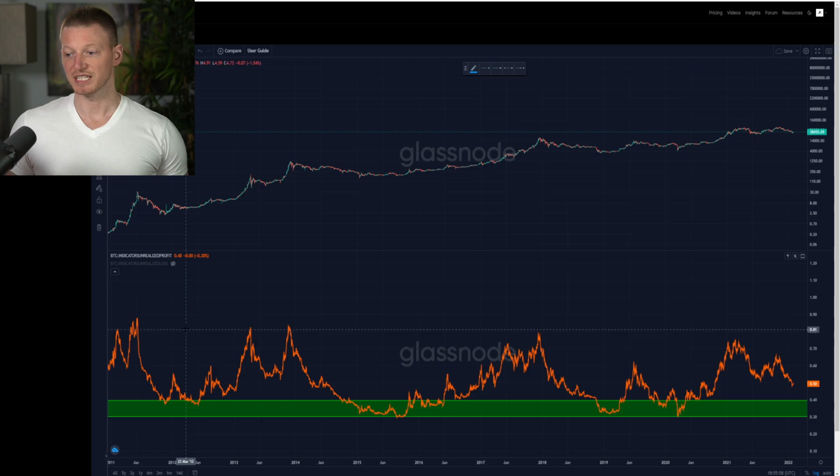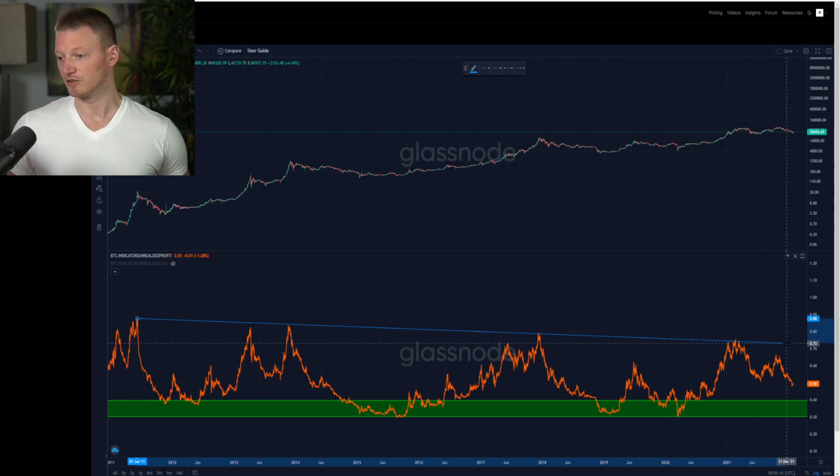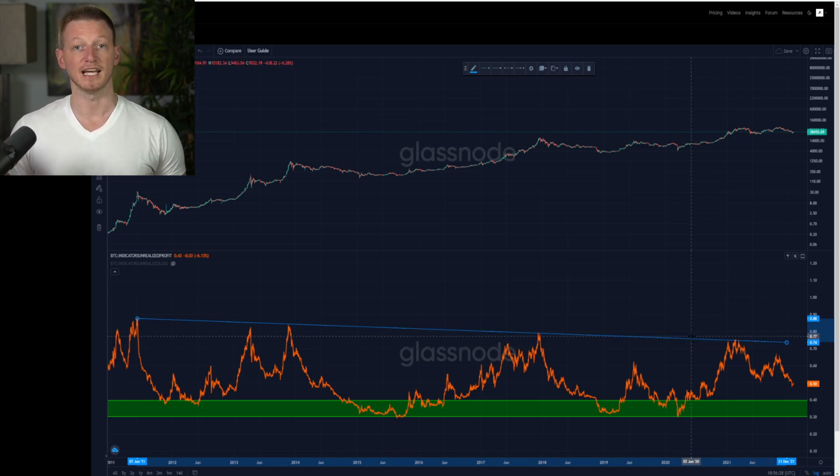Now, interestingly, you can see that at each market cycle peak, the relative unrealized profit has been falling in relation to the prior market cycle. In fact, if we just draw a simple trend line through these, you can see that we've almost perfectly formed a downward trend that touches this upper limit of the trend line, and then we start to head down from there.